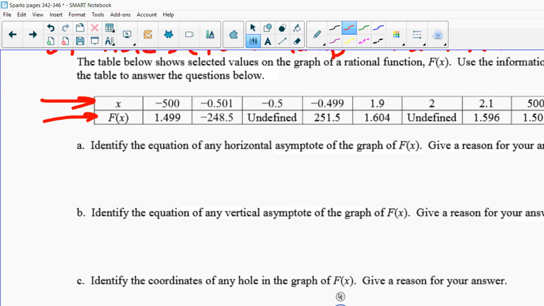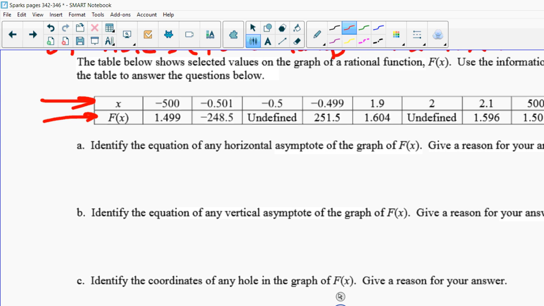Of what kind of asymptote? Horizontal asymptote or a vertical asymptote? I'm an idiot. I mean, yeah, a horizontal asymptote, and I'm waving my hand up and down. A vertical asymptote or a hole. Good. Well, which one? Let's look at -1/2.